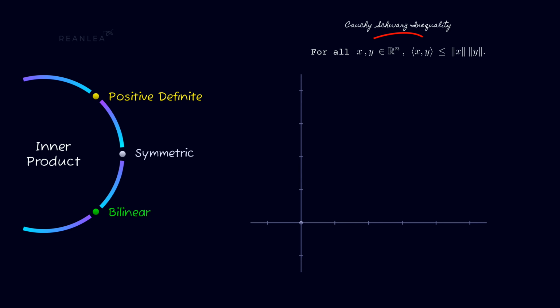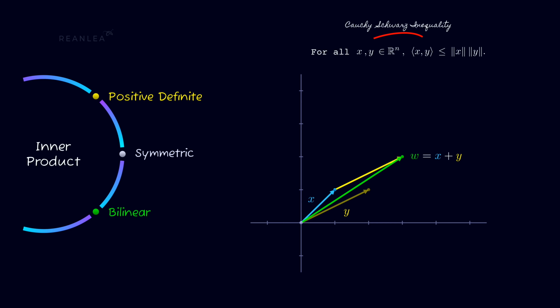So first, let us consider a vector x in two-dimensional space, and then again consider the vector y in that space. Now since a vector only has magnitude and direction but no position, we can just displace it without loss of generality. And for this case, the resultant vector represents the vector x plus y.